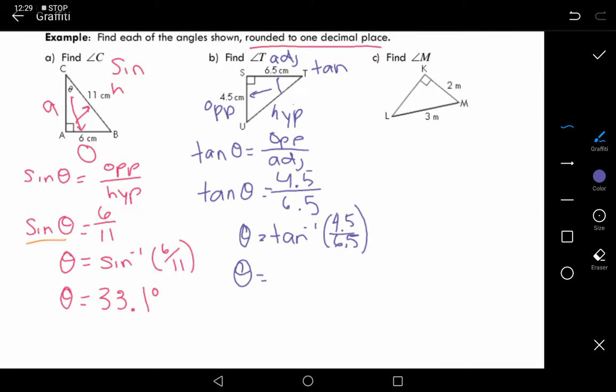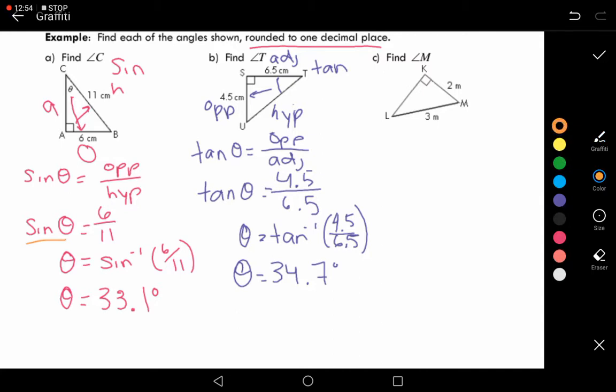On my calculator, I get 34.695. Again, it wants us to round to just 1 decimal point. Obviously, 9 is higher than 5, so my decimal changes from 6 to 7. So you should get an answer of 34.7 degrees. Okay, one last example here.